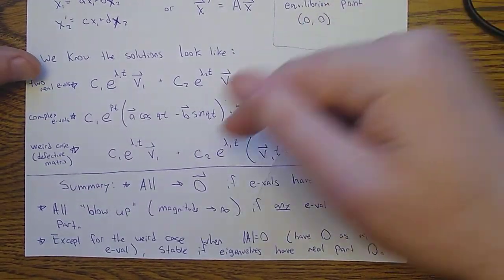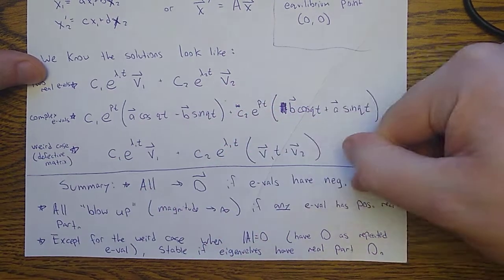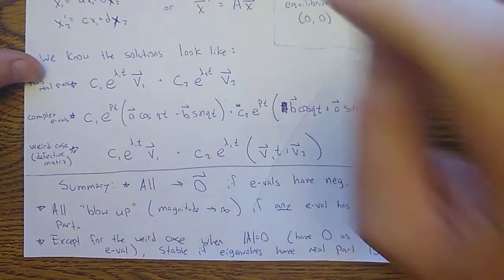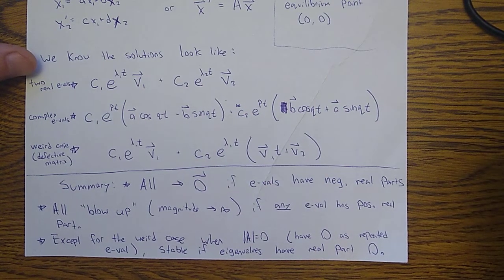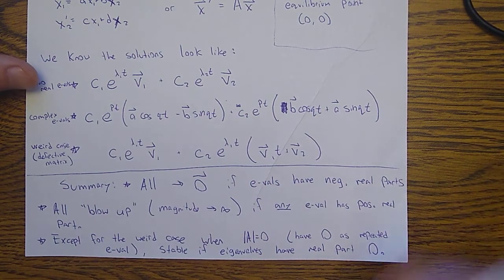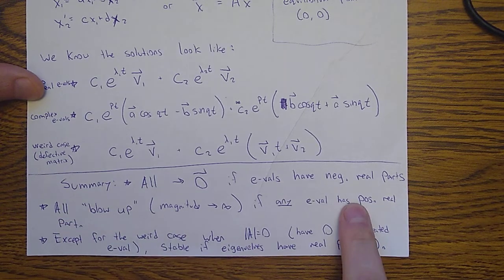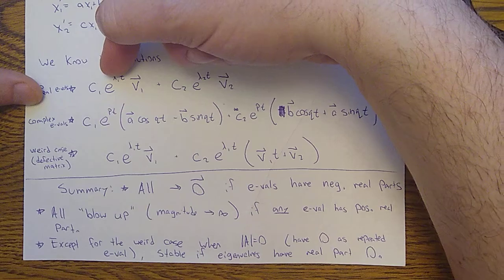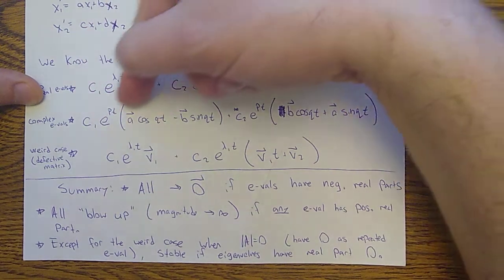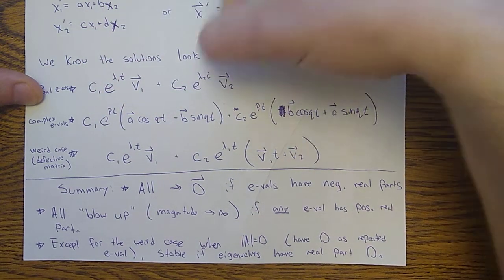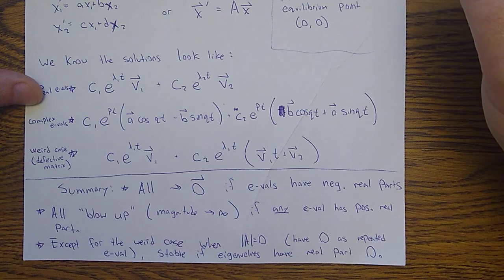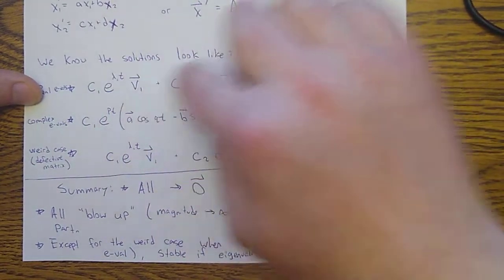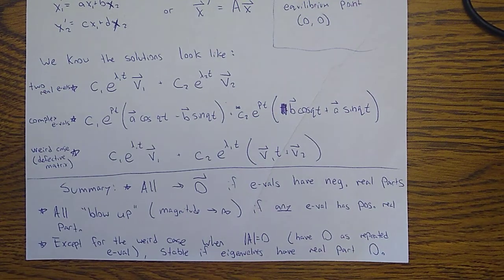The first thing we said about approaching the zero vector is only true if both eigenvalues have negative real parts. If either of them has a positive real part, like if lambda 1 were positive, then this term would blow up, even if lambda 2 were negative. So if either of them is positive, then this vector blows up.